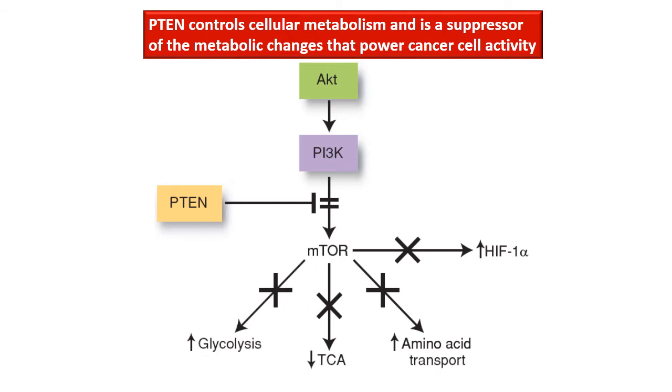But when PTEN blocks or dephosphorylates the phosphatidylinositol 3 kinase, it will result in cessation of all activities downstream that makes it impossible for the cancer cell to generate the building blocks for proliferation.